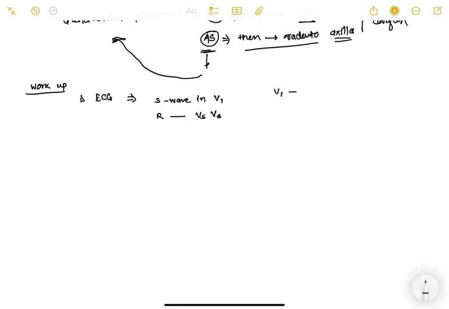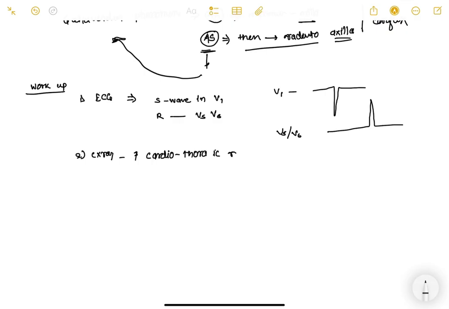In V1 it's an S wave, and in V5 or V6 it's an R wave. So that is ECG. What about chest X-ray? There is an increased cardiothoracic ratio.